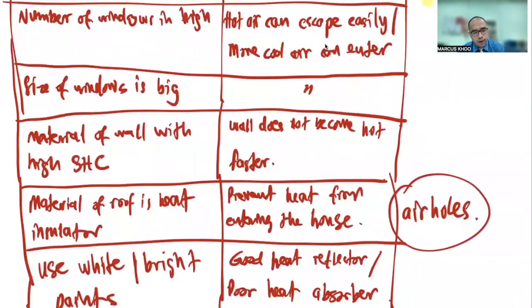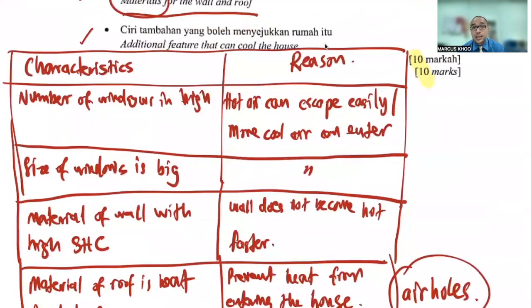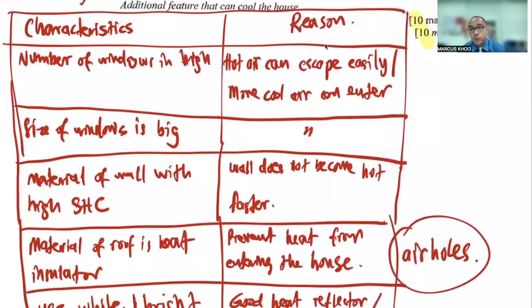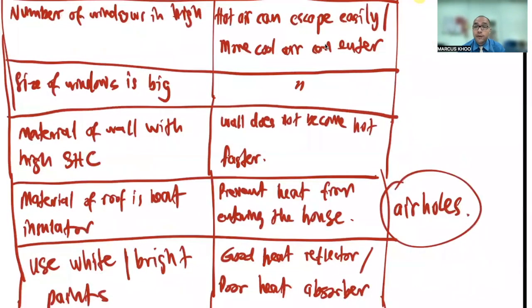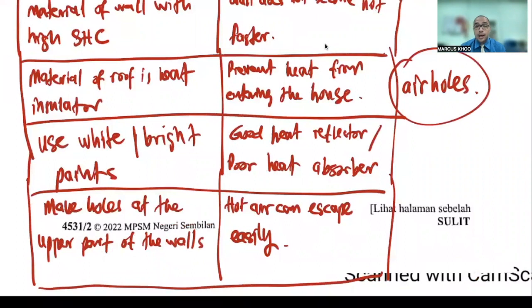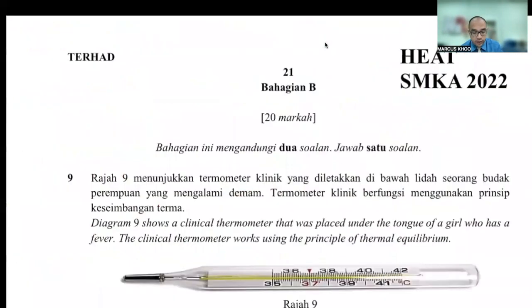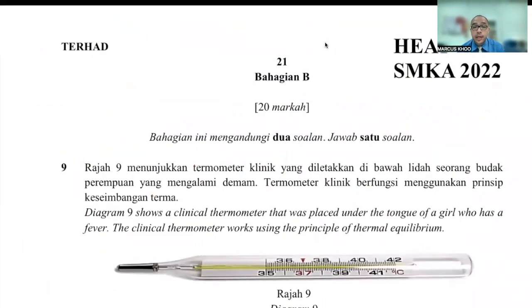Of course, there are many more answers than just this, but these are the most standard ones, and the ones that I found in the marking scheme as well. Let's go to the final question of this video, which is the heat question from SMKA.